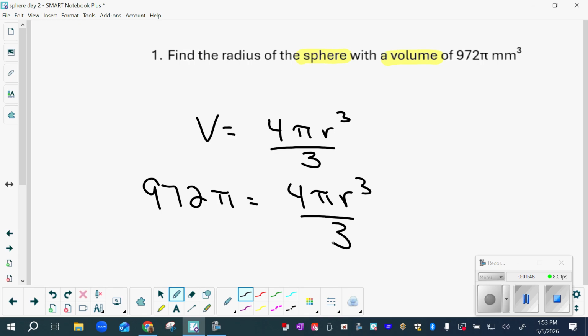Because it's like I'm dividing by pi and dividing by pi. And watch what it does. It makes your problem so much easier because the pi's are canceled out. What's the rule? A pi on one side of the equal sign and a pi on the other. Not on the same side, opposite sides.